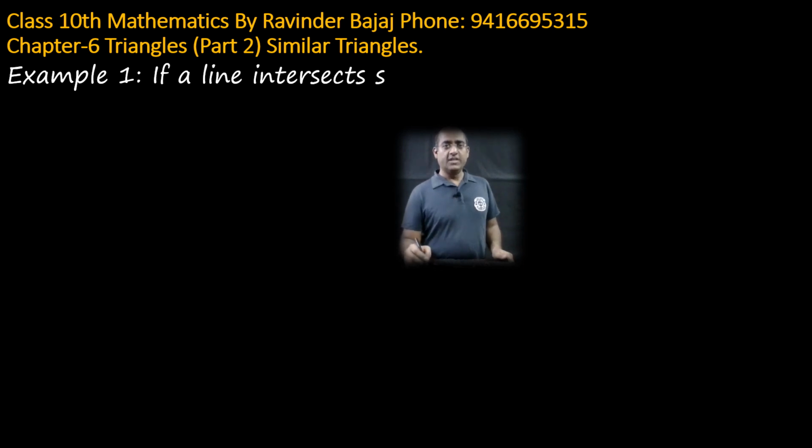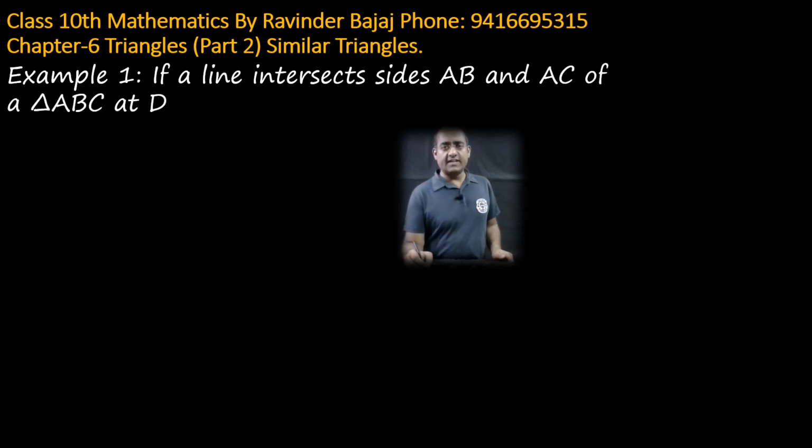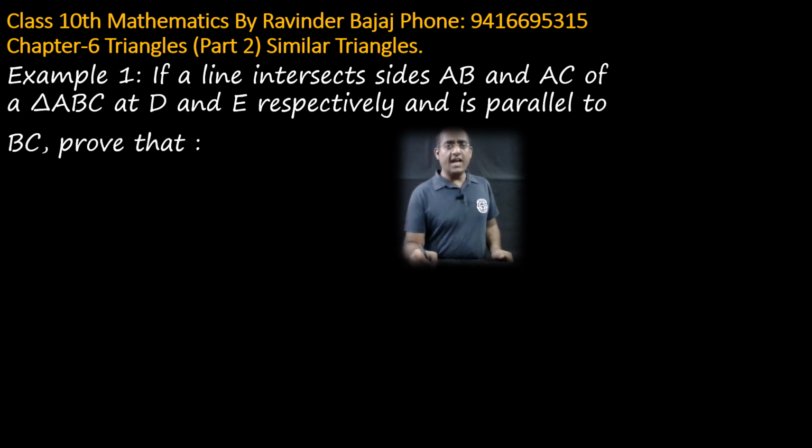Example 1. If a line intersects sides AB and AC of a triangle at D and E respectively and is parallel to BC, prove that AD upon AB is equal to AE upon AC. This is what we have to prove.